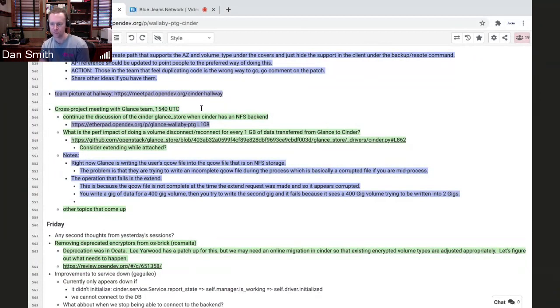Like if the user knew that was going on, they might be able to craft a QCOW file that they get Glance to write that actually refers to something else on the NFS share that everything else is using as protected backend storage, right?